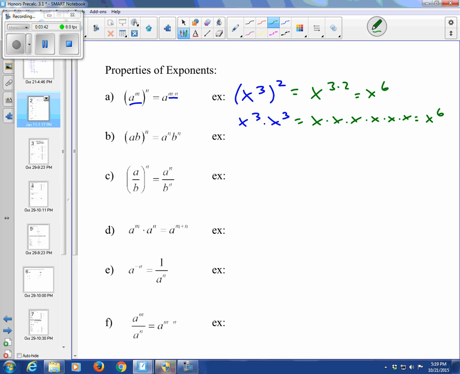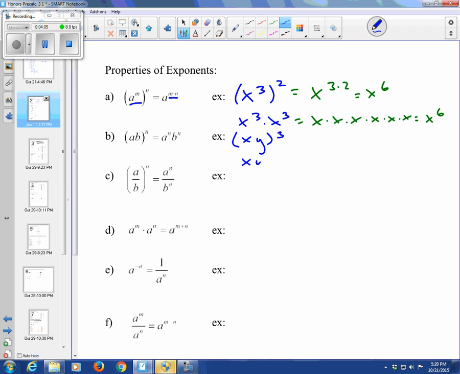If we have 2 numbers that are being raised to an exponent, or essentially 2 bases, we say that we can distribute the exponent through the multiplication. So if I've got something that looks like xy to the 3rd power, essentially I can say this is xy times itself 3 times.